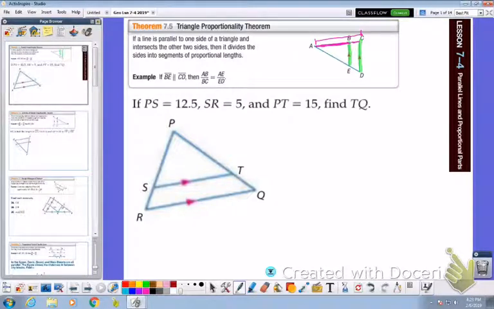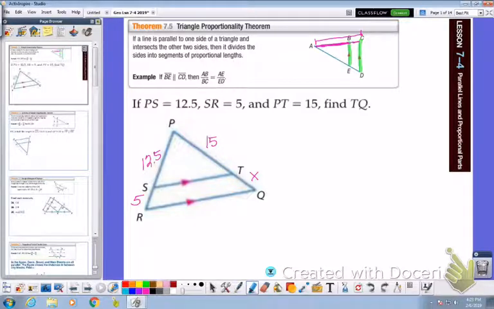So now, if we look at this picture, we've got PS, which is 12.5. We've got RS, which is 5. We've got PT, which is 15. And TQ, we have no clue what it is yet. So we can use theorem 7.5, the triangle proportionality theorem, to write our ratio.